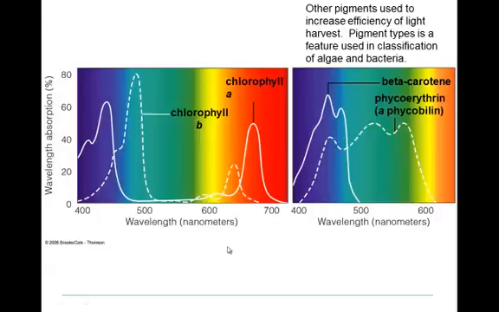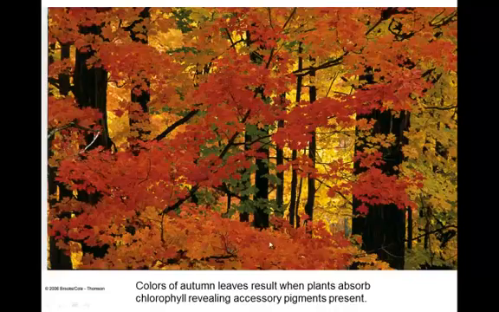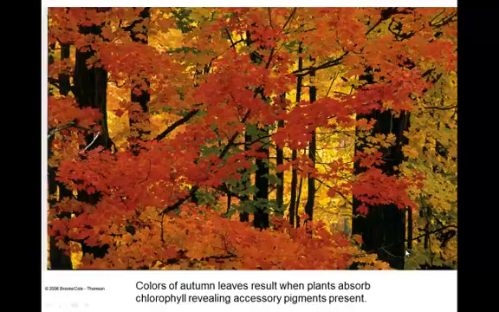One other thing to consider when we're talking about colors of leaves is the change of color in the fall and the autumn. Leaves change a beautiful color. And this is because trees lose their leaves, deciduous trees lose their leaves, and before they do that, they absorb the chlorophyll back, because chlorophyll is pretty difficult to make.